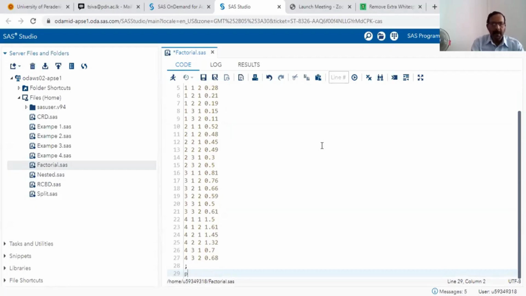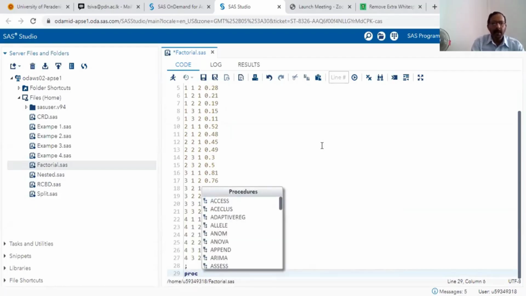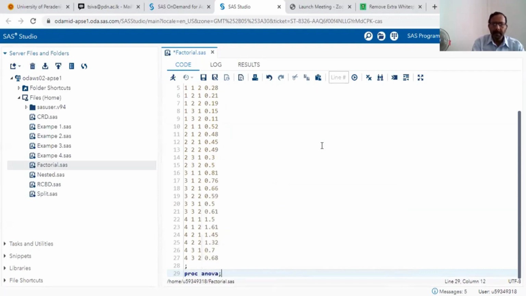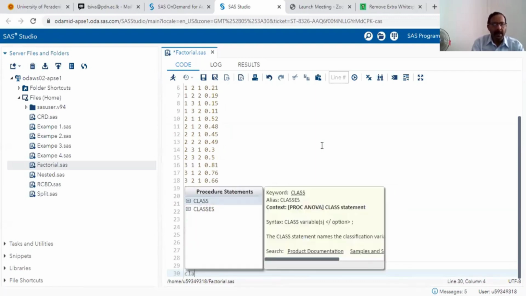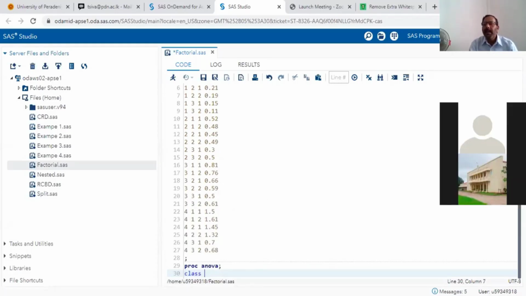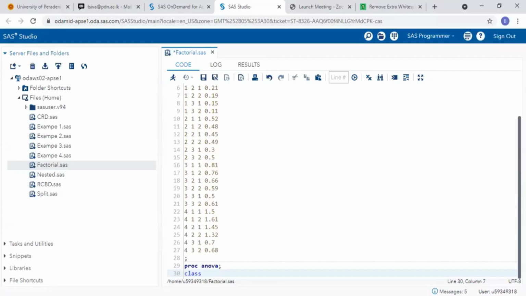Now we go for proc ANOVA. Proc ANOVA as usual. Now you'll have to tell me what are the class. I will ask the name of some of you. You should tell me what are the classes in this example.